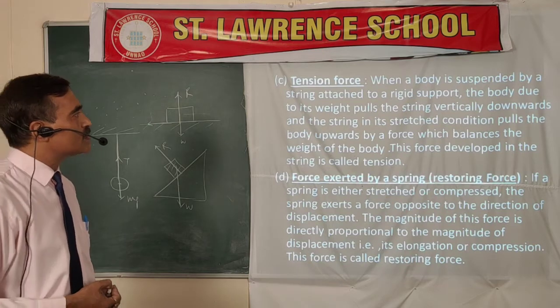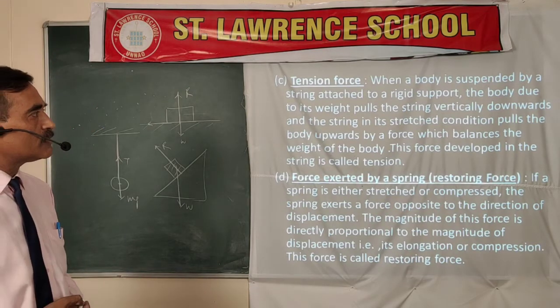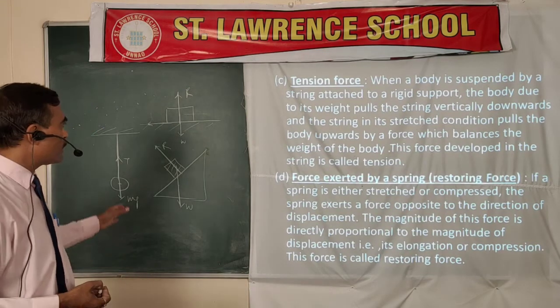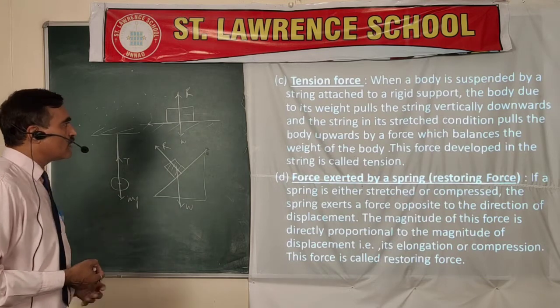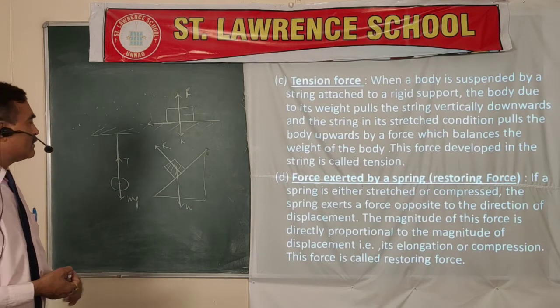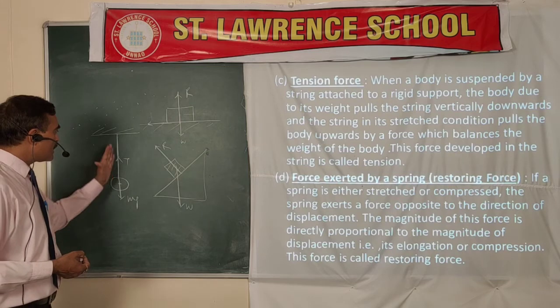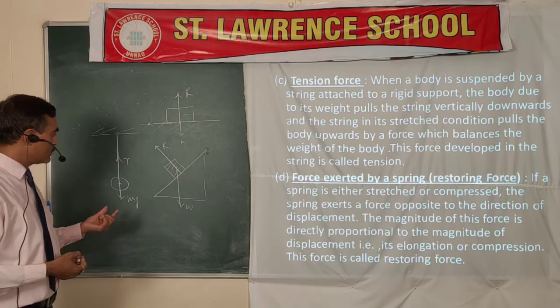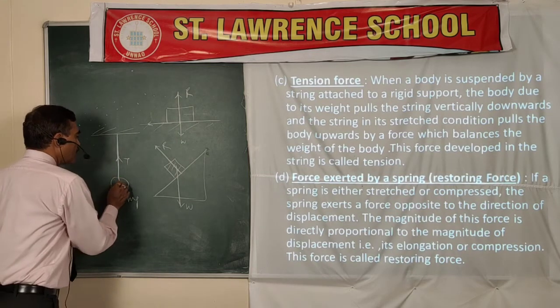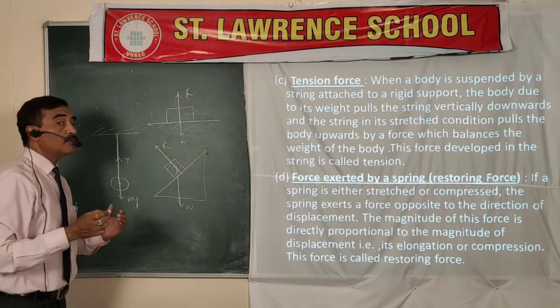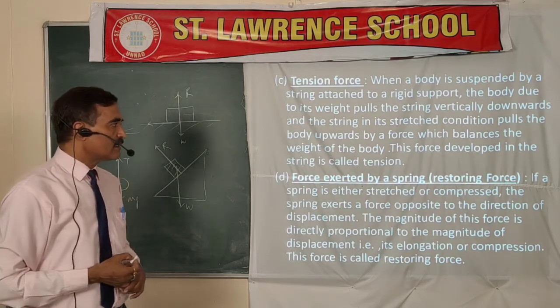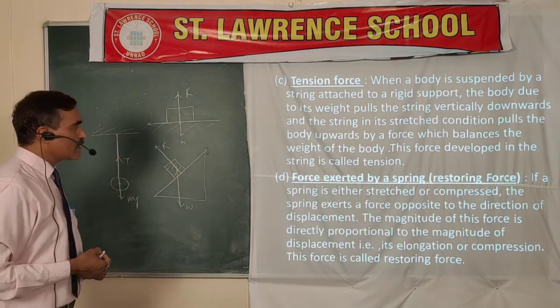So when the body is suspended by a string attached to a rigid support, the body, due to its weight, pulls the string in the downward direction, and the tension in the string acts in the upward direction. So that is always away from the body and towards the point where the body is tied. It is represented by T.